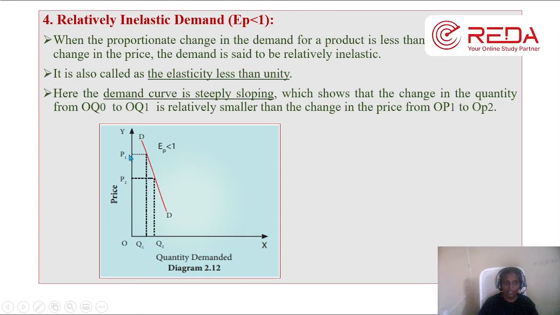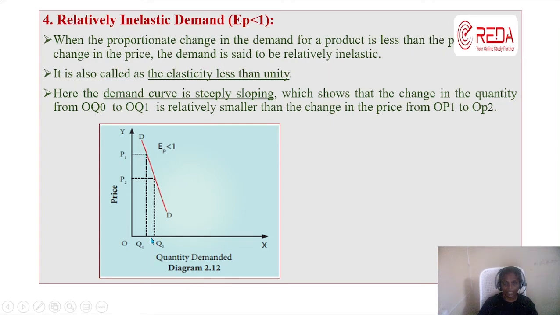If the price level decreases to half of the original, maybe from 10 rupees to 5 rupees, what will happen to the quantity demanded? There will be only a very small increase in the quantity demanded.